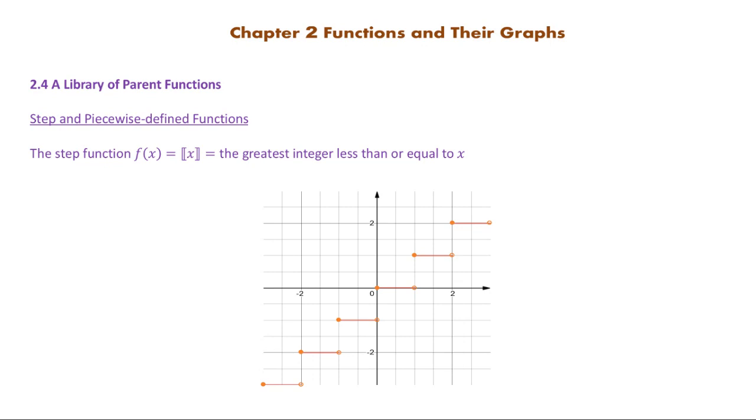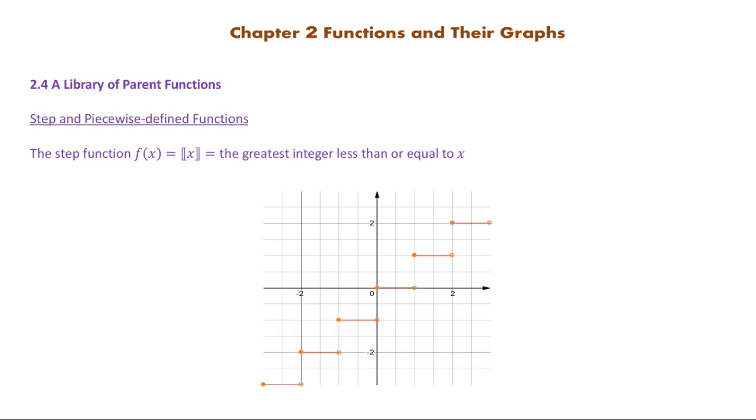That's a special piece. When x is greater than or equal to 0 but less than 1, according to the definition of the step function, y, which is f(x), is the greatest integer less than or equal to x. But when x is between 0 and 1, what is the greatest integer less than or equal to x? That'll be 0, right?